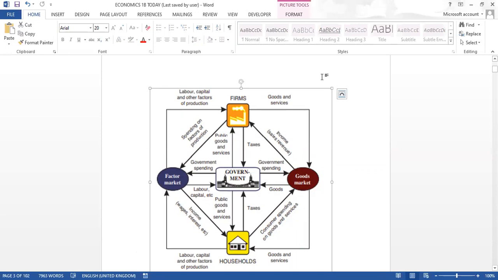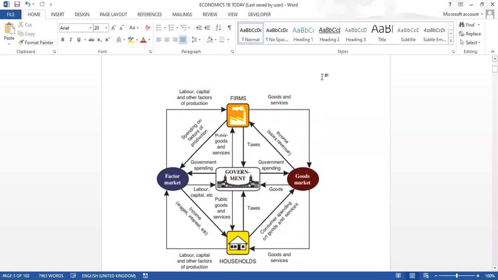All right, so this circular flow of income and spending highlights the major activities that happen within an economy, in terms of the participants that we find within an economy, as well as the markets that then get formed within that particular economy. For a simple economy, we use what we refer to as a two-sector model, which can be expanded to a three-sector model, which now includes the government.